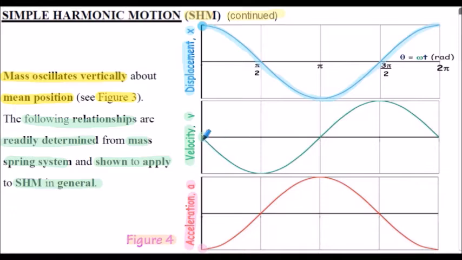The velocity of the mass is illustrated by this curve, basically a negative sine curve, and the acceleration of the mass follows this negative cosine curve. Notice the oscillation relates to angle theta, also denoted as omega t in radians, and repeats itself every 2 pi radians. On the next slide, we'll state the various characteristics and relationships between displacement, velocity, and acceleration.